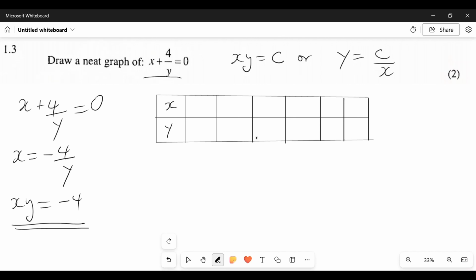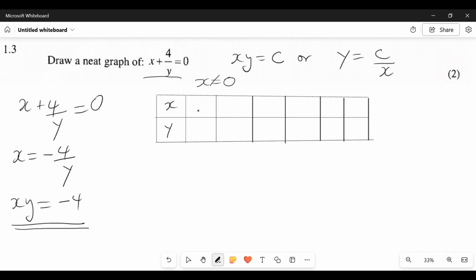All right, guys, as you can see, here's our table. Now, what you should know, guys, is that on our table, x cannot be equal to 0, because our hyperbola, our graph, has an asymptote here. The values of x should start from negative and go to positive, but there should be no 0 inside the table for x.